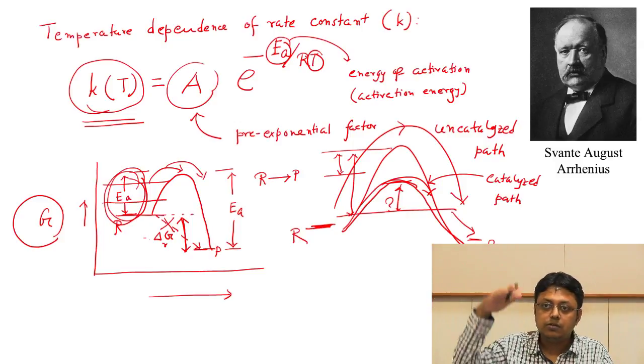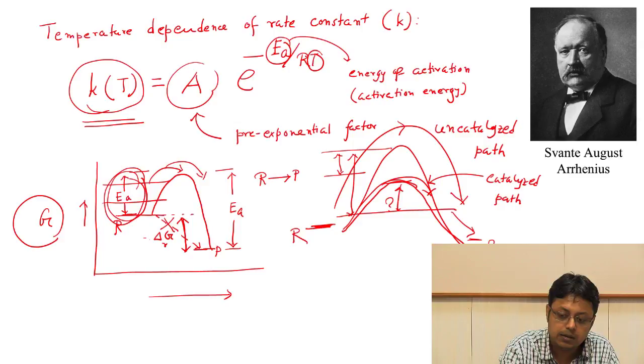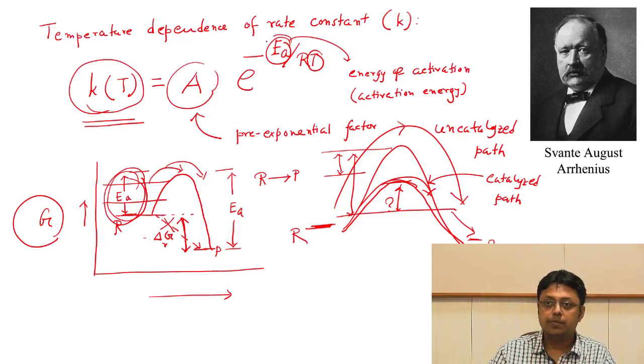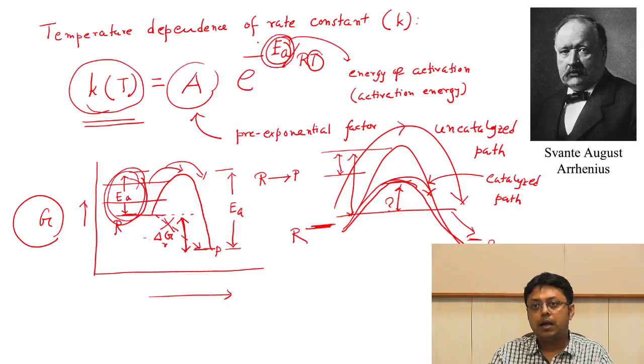However, we can also reduce the barrier itself by modulating the EA, or the activation energy, and we can do that by catalysis, where it is not actually crossing the old barrier to the product, but finds a new barrier in a catalyzed pathway that takes it by an alternate route to the product.